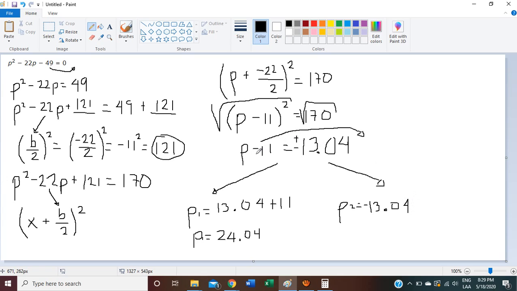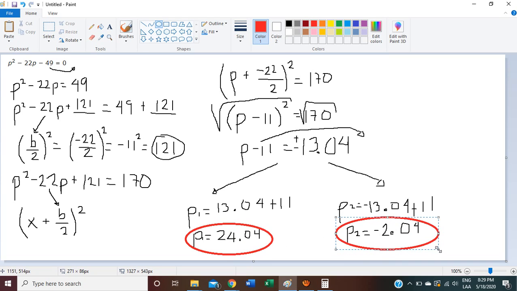It is subtracting, now it is going to be adding plus 11, so P2 equals negative 13 plus 11 equals negative 2.04. Okay, so here are our two possible answers, the first one and the second one.